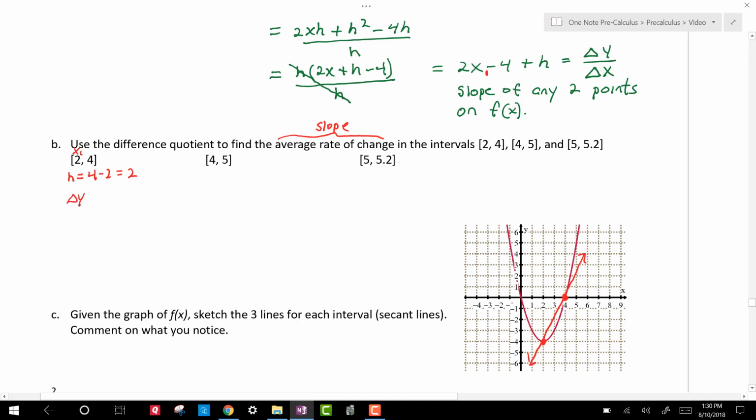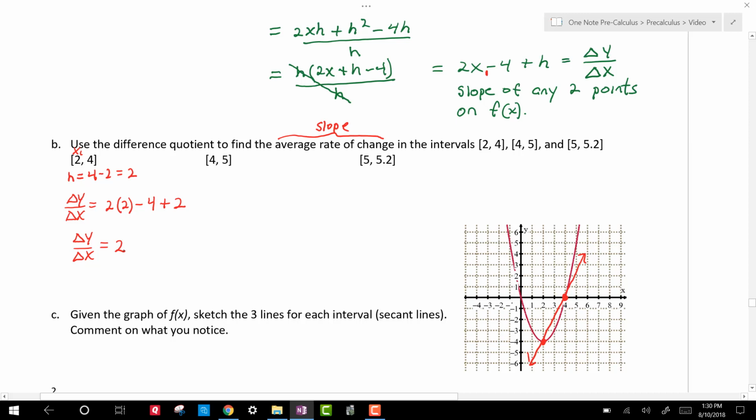Delta y over delta x, or the slope from 2 to 4, is now 2 times 2 minus 4 plus h, which is 2, and so delta y over delta x is equal to 4 minus 4, which is 0, and 0 plus 2, which is 2.